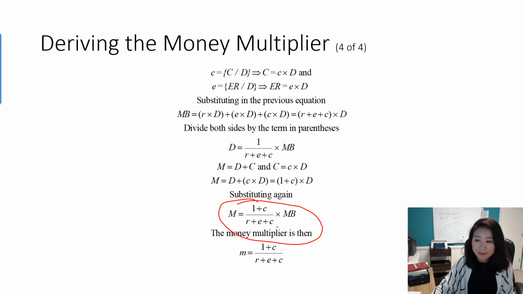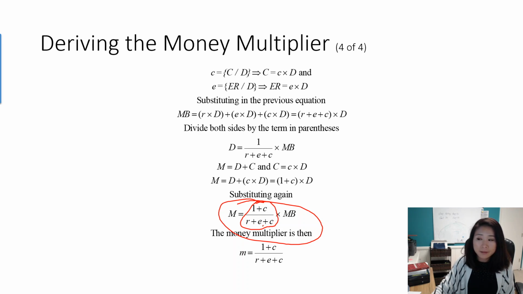So basically, you can see they are all in the denominator, R, E, and C. That means they have a negative relationship with the money supply. That's basically what we learned in the previous lecture, how these factors affect money supply. This part, 1 plus C divided by R plus E plus C, is called the money multiplier.